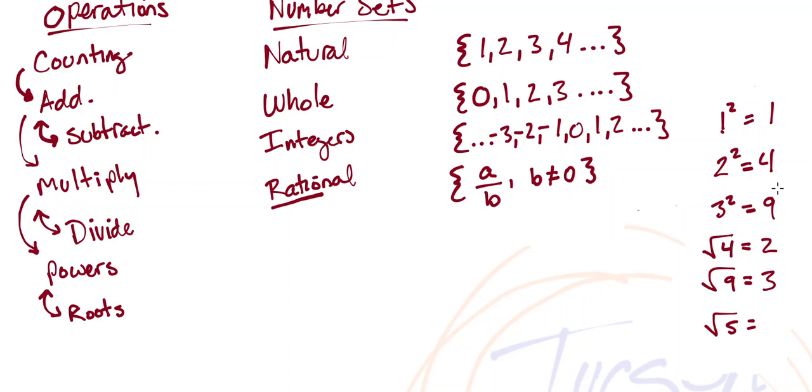So 1, 4, 9, and 16 are perfect squares, but all the numbers in between them are not perfect squares, right? 2 isn't a perfect square, 3 isn't, 5 isn't, 6, 7. So the square root of all those numbers doesn't exist within our set of numbers here, our rational numbers, integers, whole numbers, natural numbers. So we had to create a new set of numbers, and we call these irrational numbers.